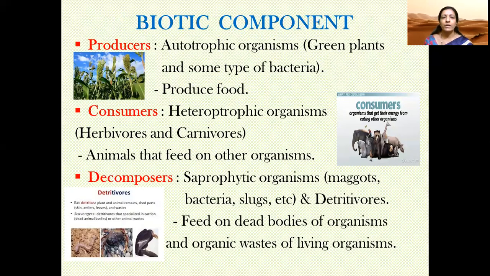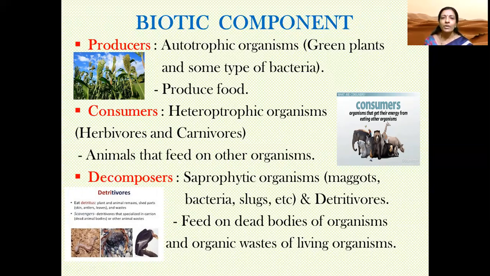Now, under the biotic components, we find that the different kinds of living organisms are usually of three types. They can be producers, consumers, or decomposers. Producers are usually autotrophic organisms. That is, they can be green plants and certain types of bacteria. Producers are those living organisms which can produce their own food.